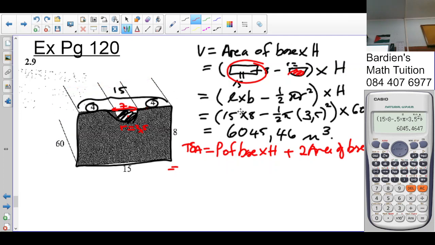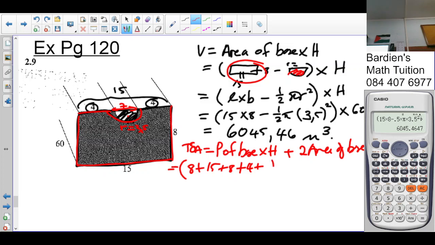So the total surface area is the perimeter of this base. So the perimeter is going to be this length, which is 8 plus 15 plus 8 plus 4 plus that semicircle. How do you calculate the perimeter of a circle? 2 pi r.